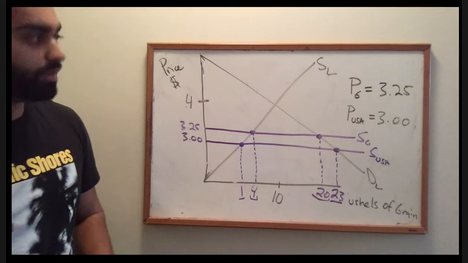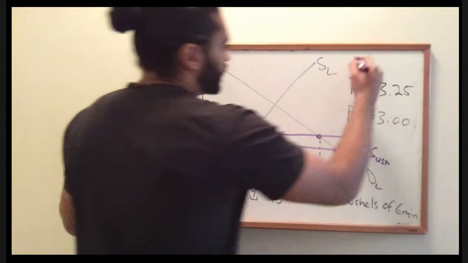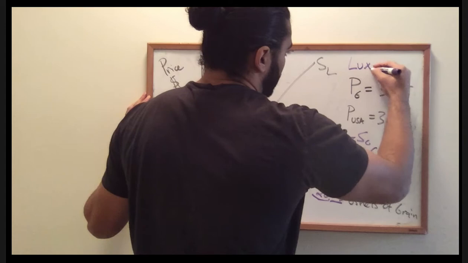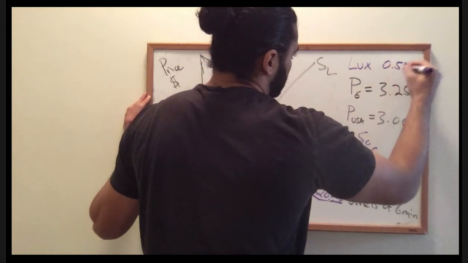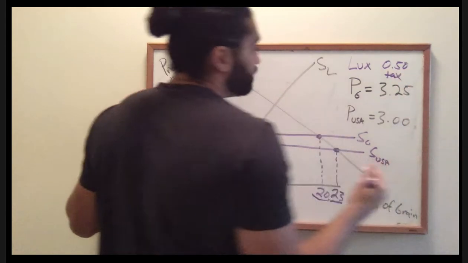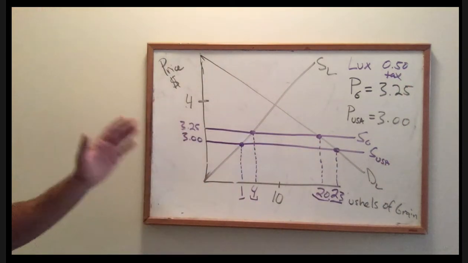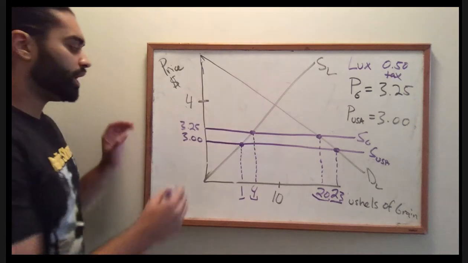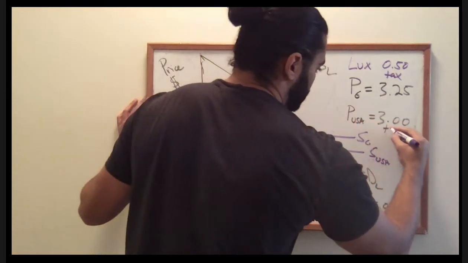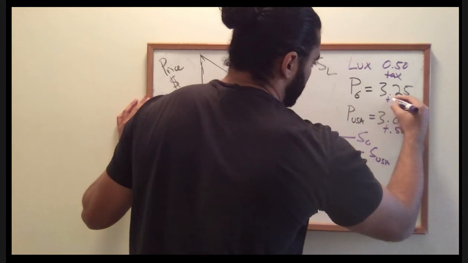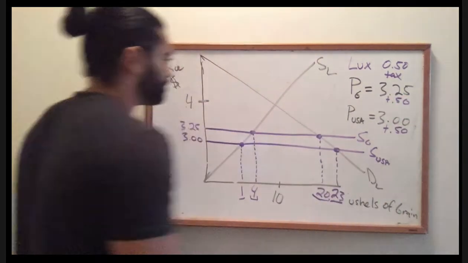Okay, so now let's say Luxembourg imposes a 50-cent tax. They impose a 50-cent tax on each country. So the United States, their price increases by 50 cents, so plus 50, and then so does the price for Germany.